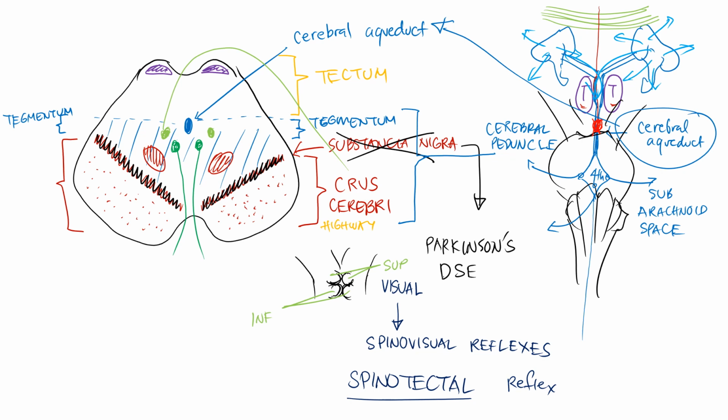If you detect movement on your right side, what do you usually do? You turn your head to the right. Or if somebody hits you or touches you on your right shoulder, do you turn to the right or immediately turn to the left? Naturally, you turn to the right, to where the stimulus is. So basically, that's your spinotectal reflex.